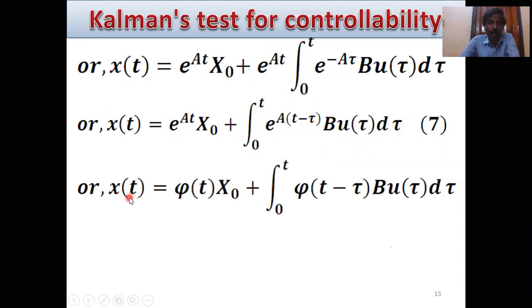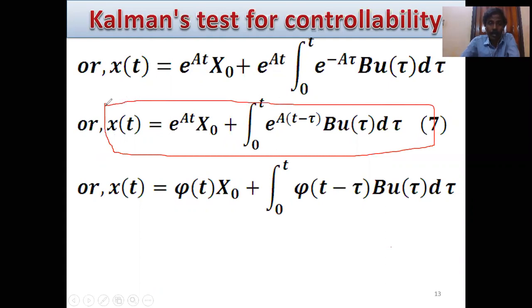So x(t) equals what? This is equation number 7: x(t) equals e^(at) x0 plus 0 to t e^(a(t minus tau)) b u(tau) d tau. Put phi(t) equals e^(at), because phi(t) is called the state transition matrix, equivalent to e^(at). Then e^(a(t minus tau)) is equivalent to phi(t minus tau).